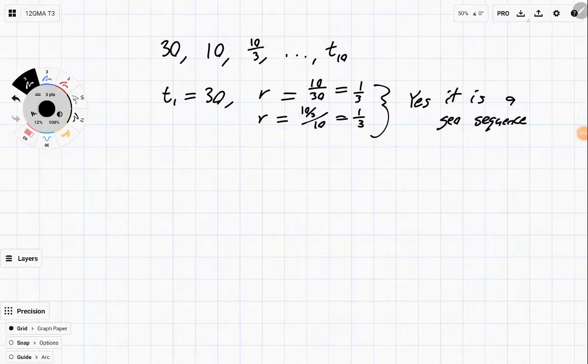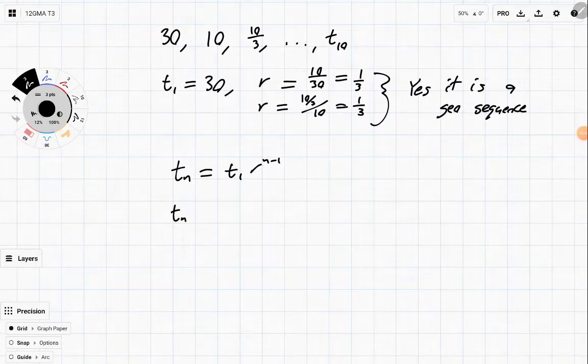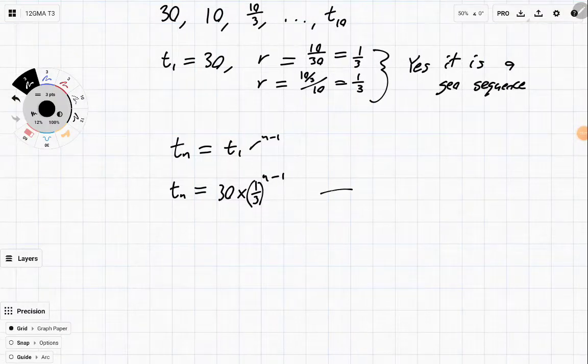Alrighty, so now we can actually predict using it. So, Tn is equal to T1 r to the n minus 1. That's the formula. Substitute everything we know in. Tn is equal to 30 times a third to the power of n minus 1. And that is our general rule.